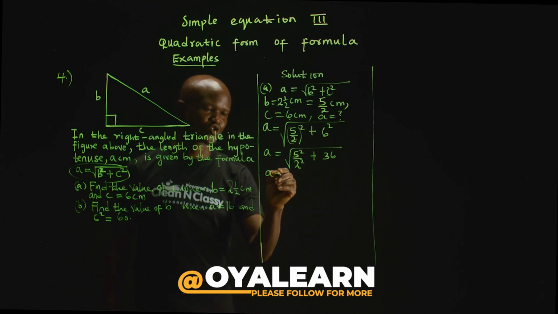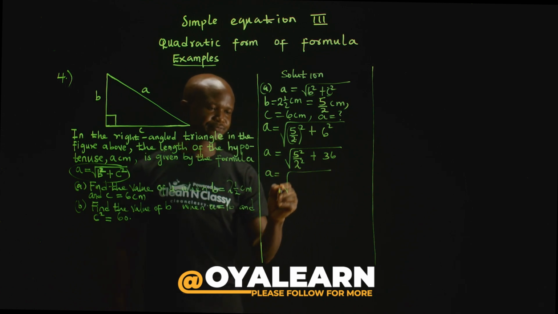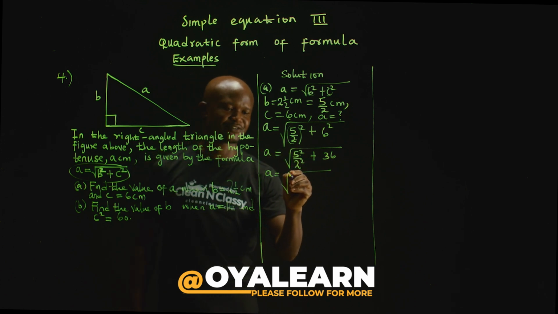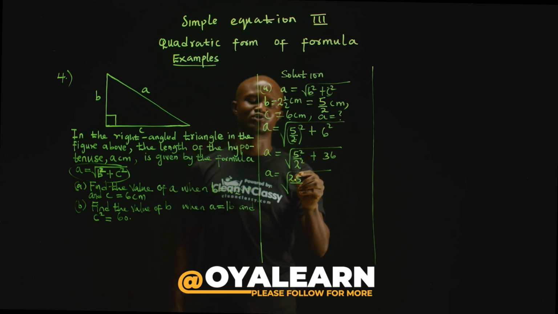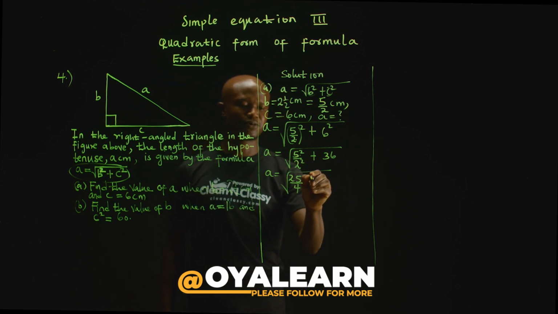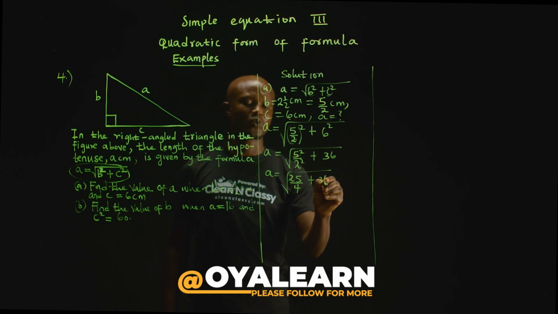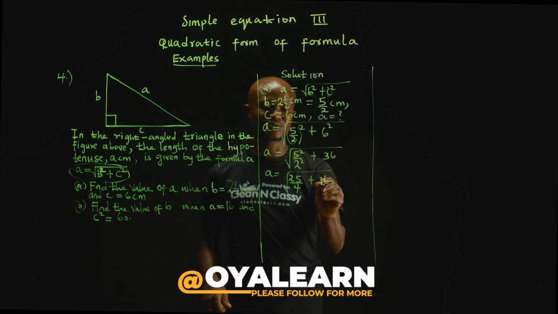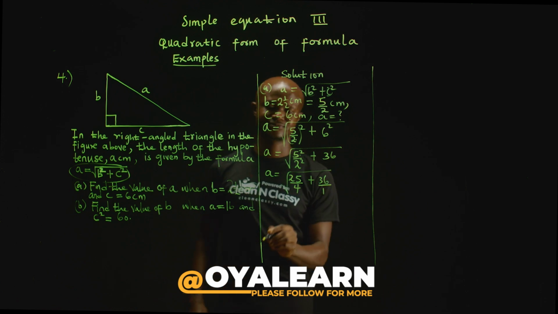Now, a equals the square root of, what is 5 squared? 5 times 5 is 25. So we have this to be 25. 2 squared is what? 2 times 2, that is 4. Plus 36. We can write 36 as a fraction. So we have this to be 36 over 1.